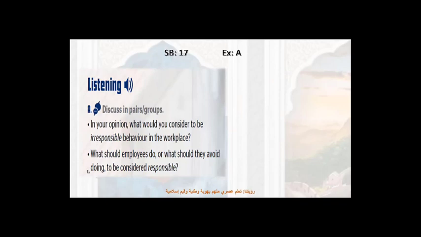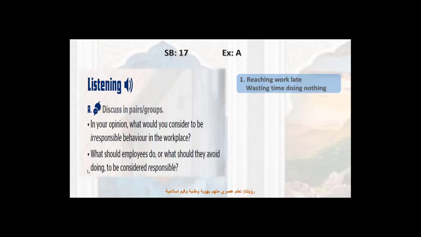In your opinion, what would you consider to be a responsible behavior in the workplace? What should employees do, or what should they avoid doing to be considered responsible? The answer is maybe reaching work late, wasting time doing nothing.